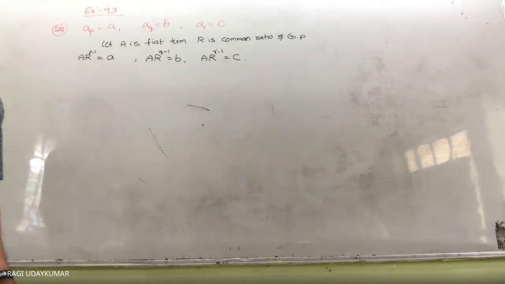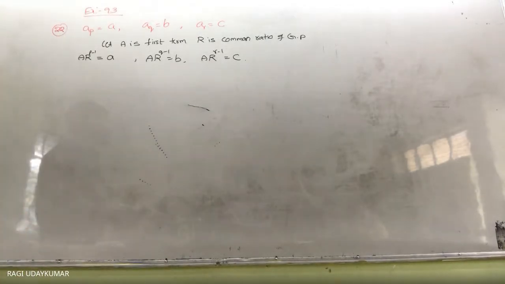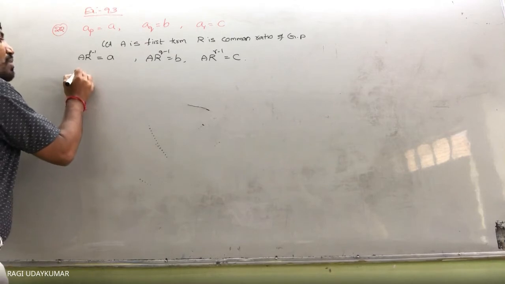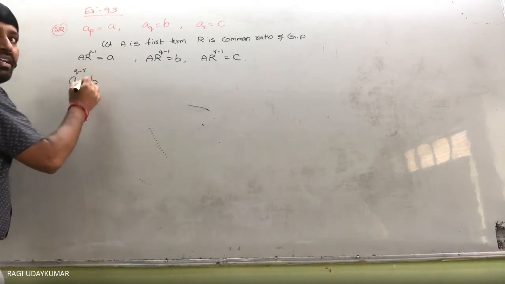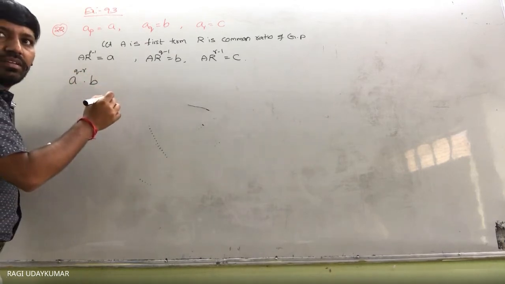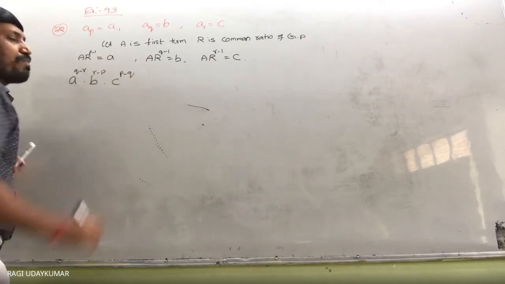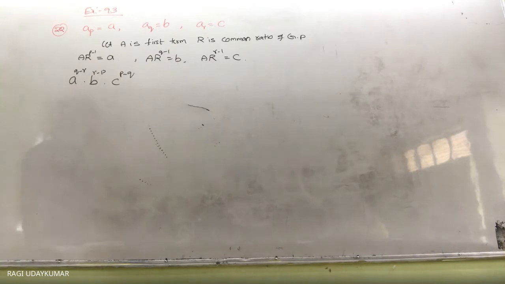Just a substitution only, nothing else here. A power q minus r is given. Is there any easier way? No, direct substitution is done. A power q minus r, b power r minus p, c power p minus q is equal to 1.